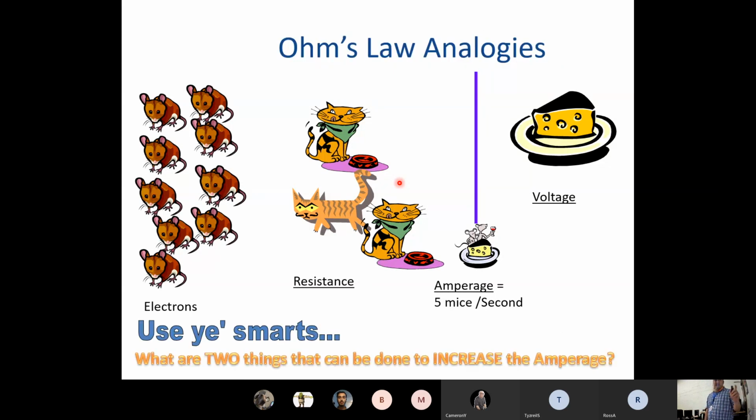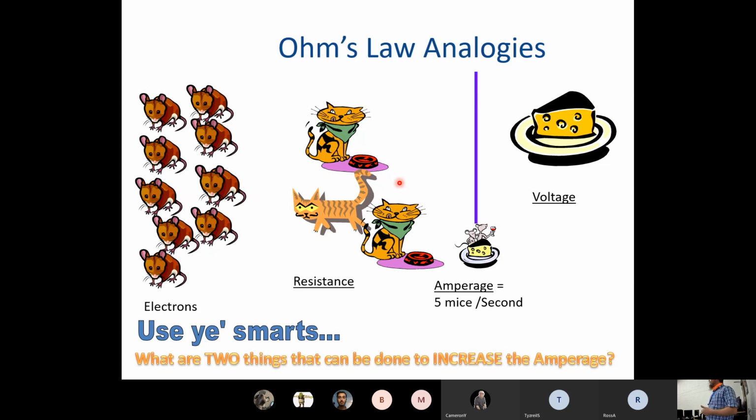There are two things that can be done in order to increase the number of mice getting past that line. What are the two things? Removing the resistance, or decreasing the number of cats that are there. What's the other thing? It's about the cheese.